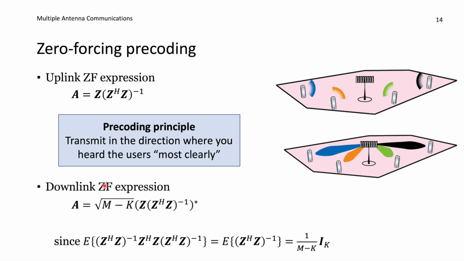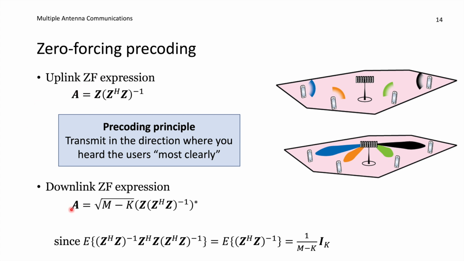The downlink zero forcing precoding expression is obtained by taking the expression that we have in the uplink and taking the conjugate of it, because the channel matrix is G in one direction and G transpose in the other direction. Then we need to normalize the matrix. In the uplink, it doesn't matter what scaling the different columns of A have.